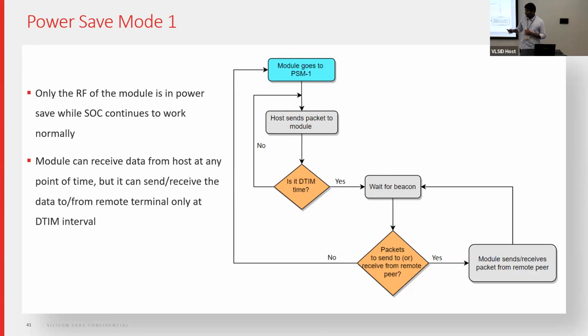In the beacon, we have this TIM bit. TIM is the traffic indication map, and DTIM is the delivery traffic indication map. In the case of TIM, every beacon will carry a TIM. When a station connects to an access point, it will get an association ID.